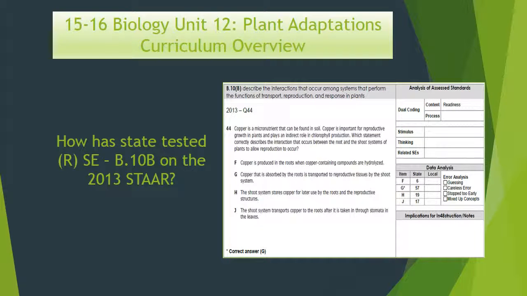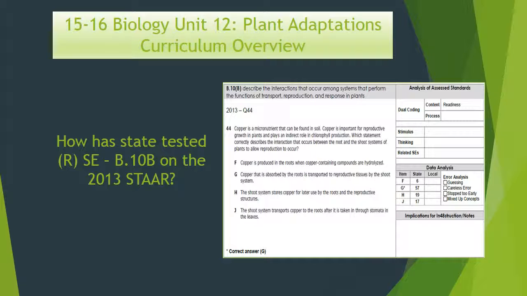And lastly, looking at a 2013 question over 10B, same readiness standard. It says copper is a micronutrient that can be found in soil. Copper is important for reproductive growth in plants and plays an indirect role in chlorophyll production. Which statement correctly describes the interaction that occurs between the root and the shoot systems of plants to allow reproduction to occur?